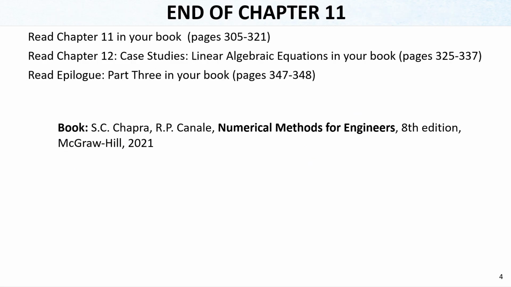We have completed chapter 11, which was about the iterative methods to solve systems of linear equations. Here you can read chapter 11 in your book for these Gauss-Seidel and Jacobi iteration approaches. Also in chapter 12 there are case studies about solving linear algebraic equations. You can study this chapter as well.